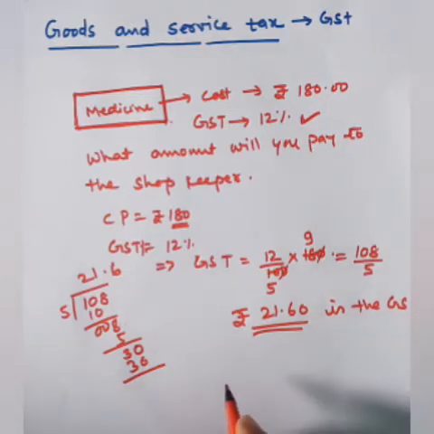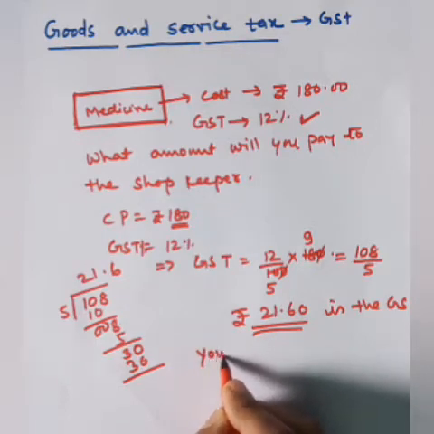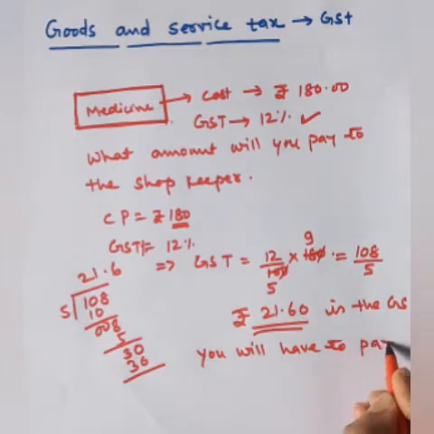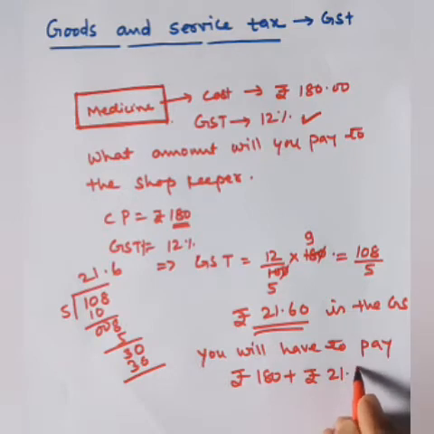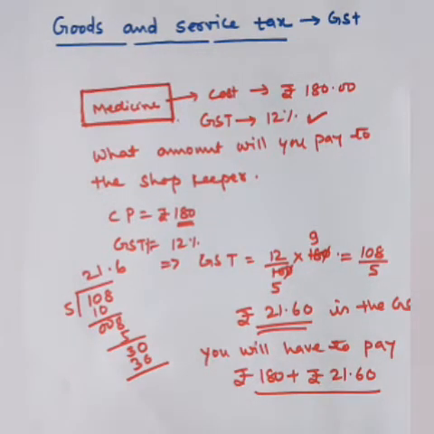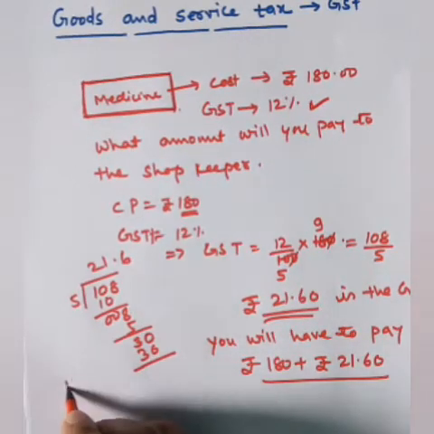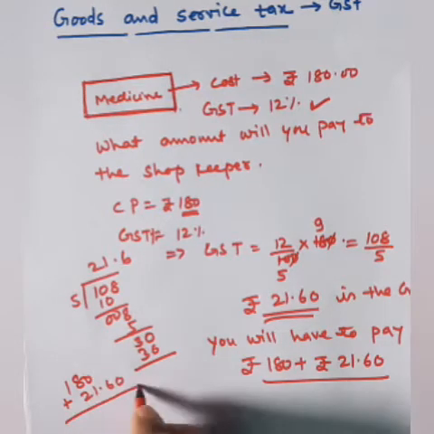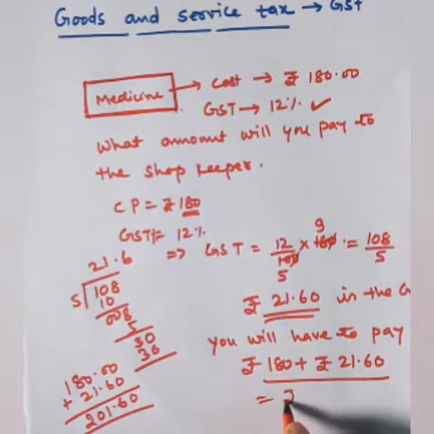Okay. So how much amount will you pay to the shopkeeper? You will have to pay rupees 180 plus this extra amount, that is 21.60, which is your GST. So that will come to 180 plus 21.60, which is 201.60.